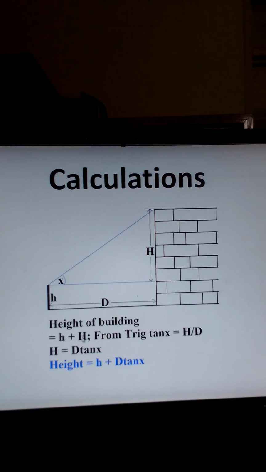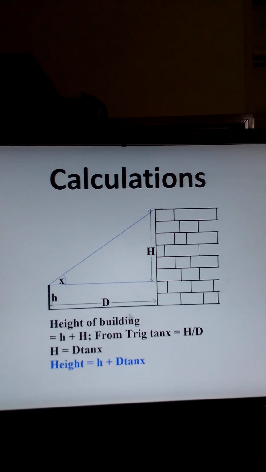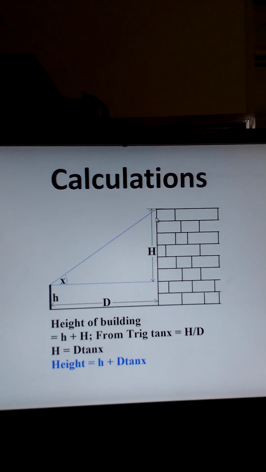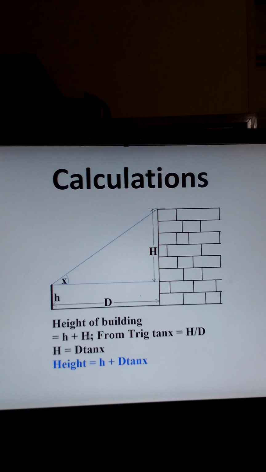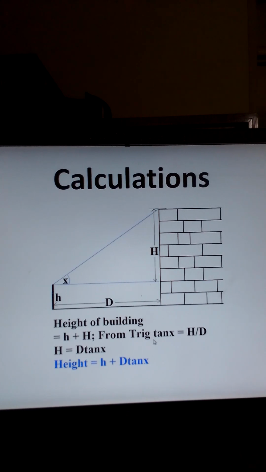Okay, to be able to find the height of the building from the surface to its top, we add the height of the observer to this capital H. This small h can be obtained using a tape measure, but capital H we obtain from calculations using trigonometry.